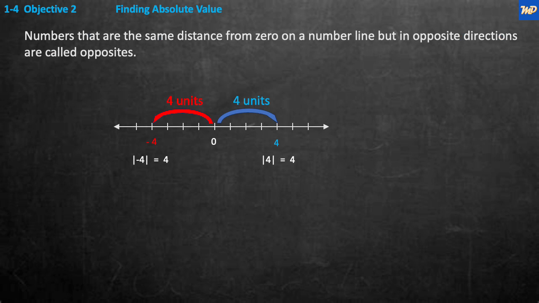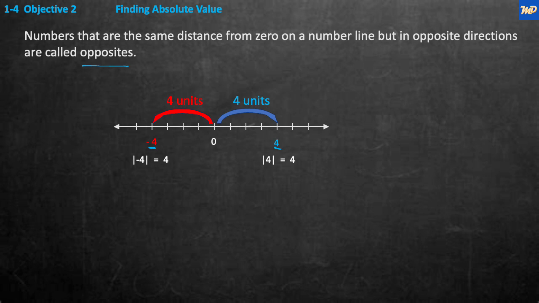Objective 2, finding absolute value. It says here that numbers that are the same distance from 0 on a number line, but in opposite directions, are called opposites. We talked about that once before, earlier up in the definitions. It's like the same number, but going in the opposite direction. They're the same size, a 4 in this case: -4 over here, and +4 on this side.